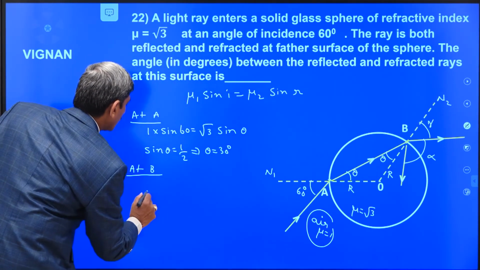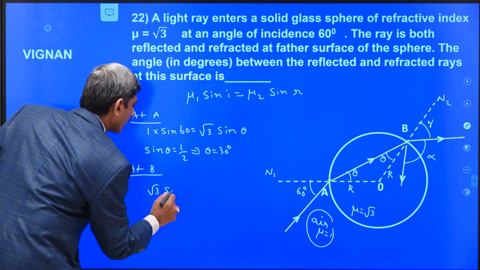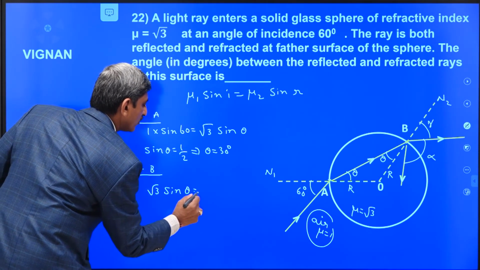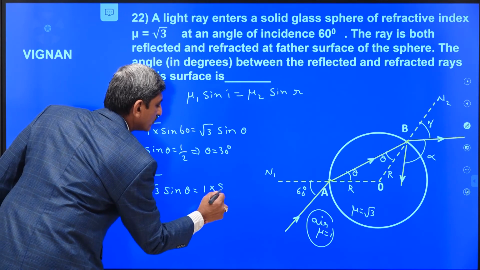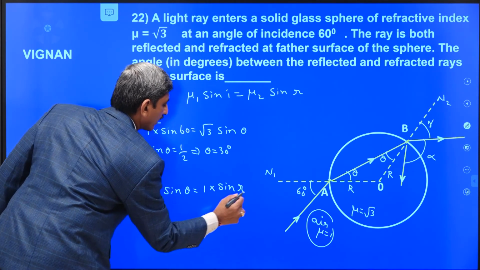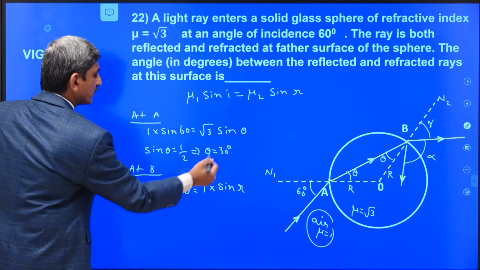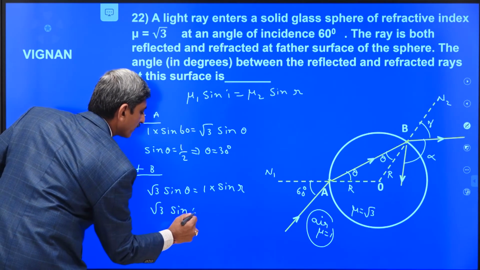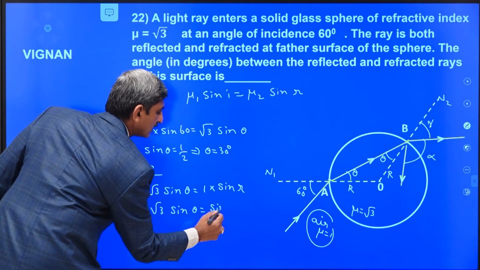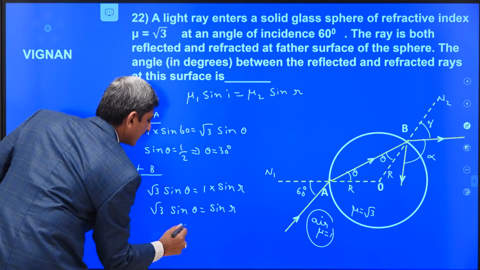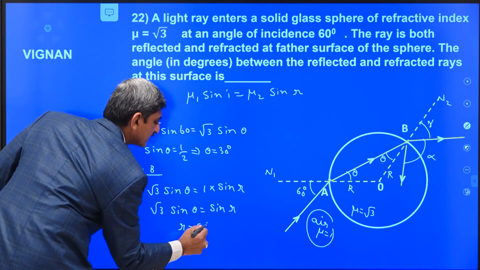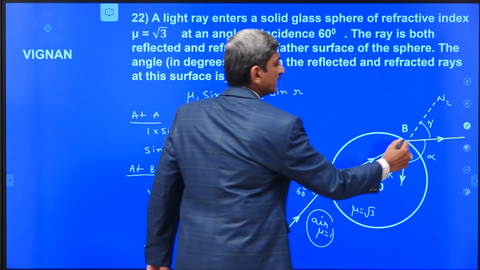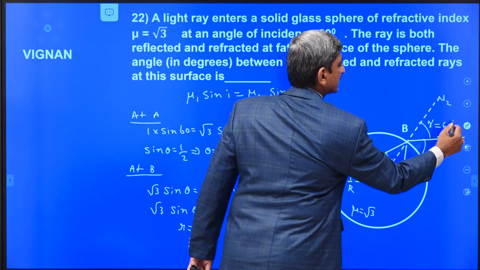That's why root 3 sin theta is equal to 1 into sin R. By substituting theta is equal to 30 degrees, it becomes root 3 sin 30 is equal to sin R. From this we get R is equal to 60 degrees. Okay, this is 60 degrees.